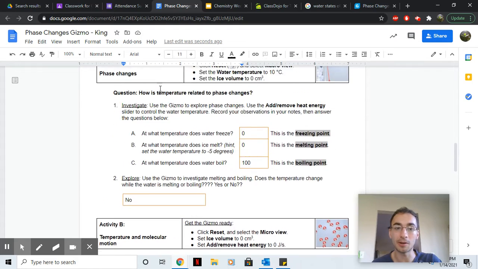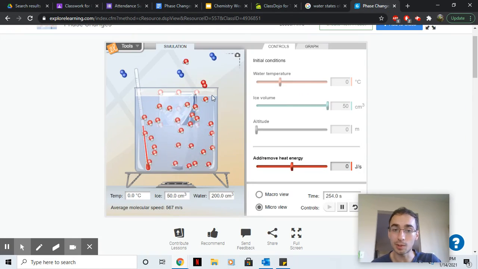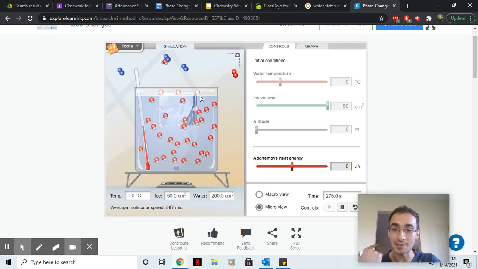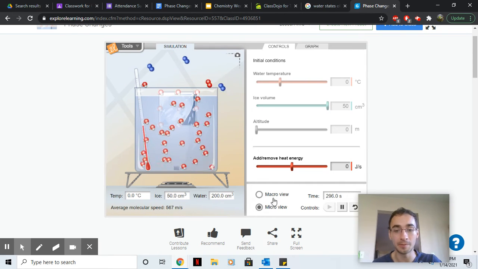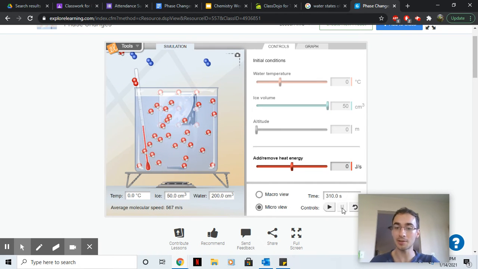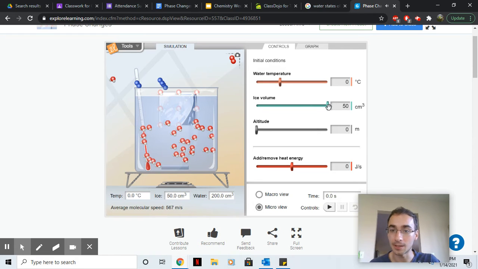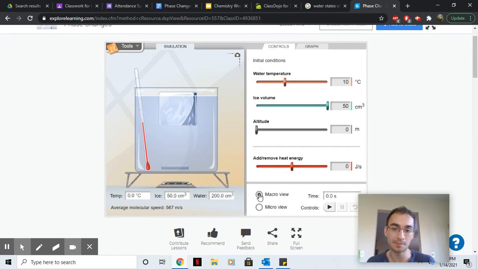I want you to try and figure out at what temperature does water freeze, when does ice melt, and when does water boil? So to do that, click pause, click restart. Okay. Change the water temp to 10. The atoms are a little distracting, so you can click it to macro view.